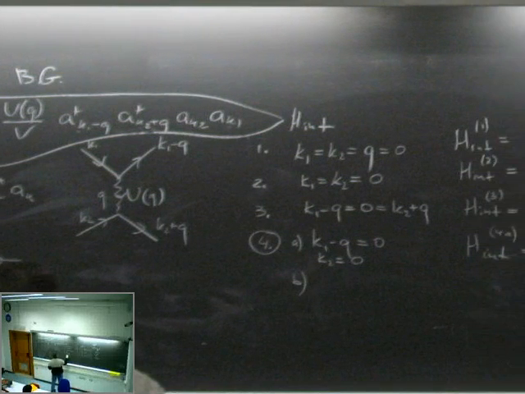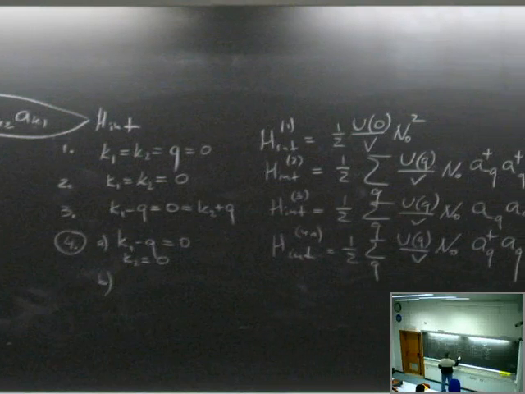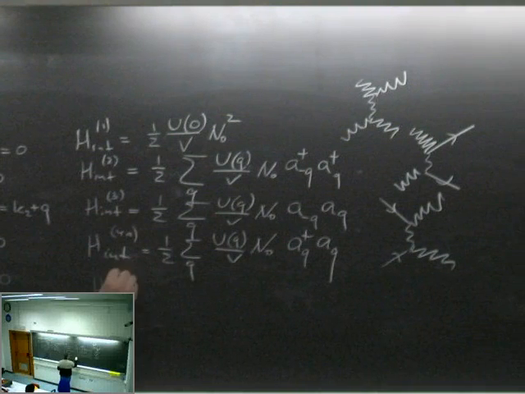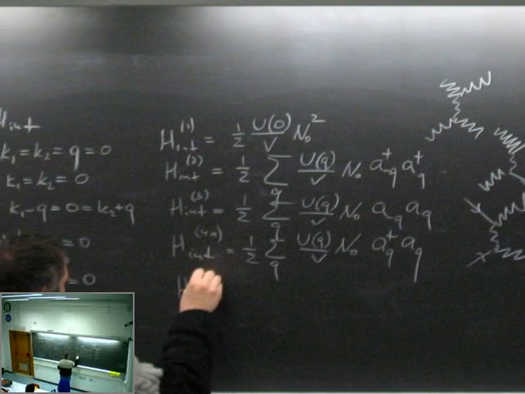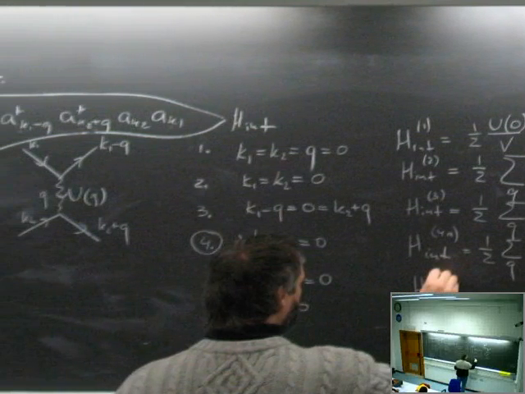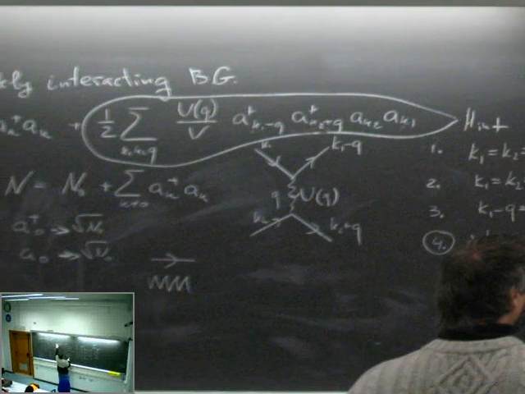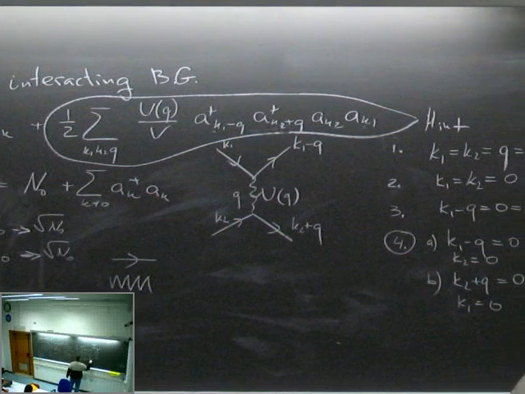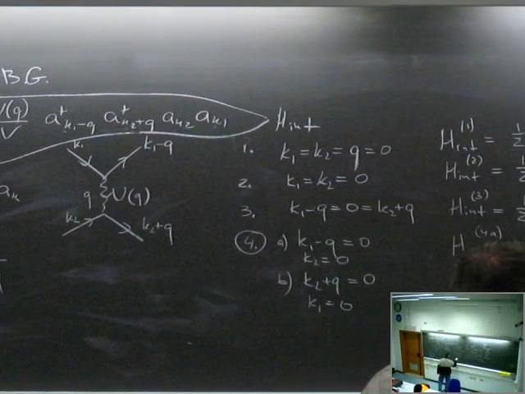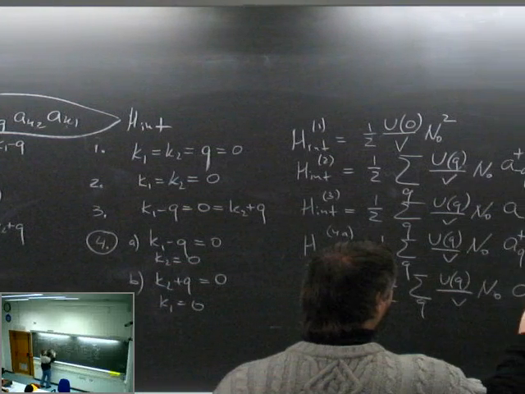So then let's do the process K2 plus Q is equal to 0, and K1 is equal to 0. Namely, I take this line. So H interaction for B is again equal to 1/2 sum over Q, U_Q over V, a_0, and K2 plus Q I replace by this one, K1 is equal to 0, a dagger minus Q, a minus Q. So, now I will put these two lines in the condensate.